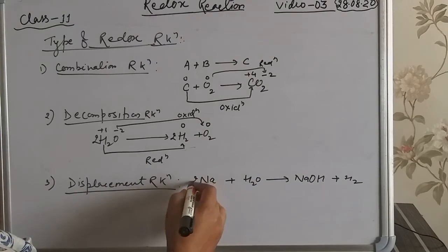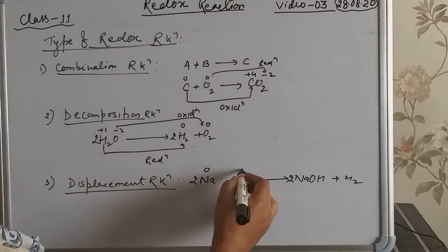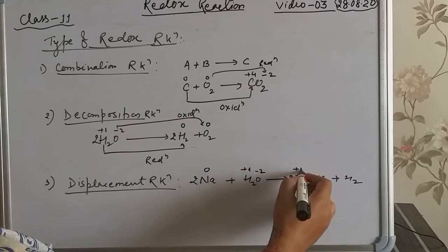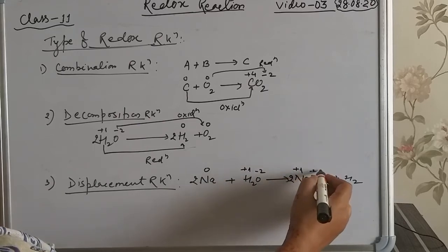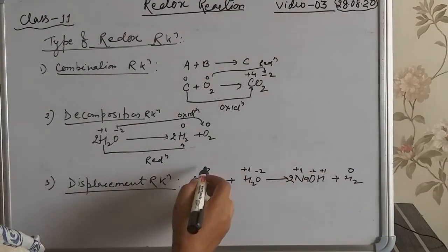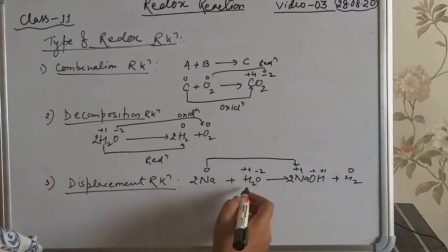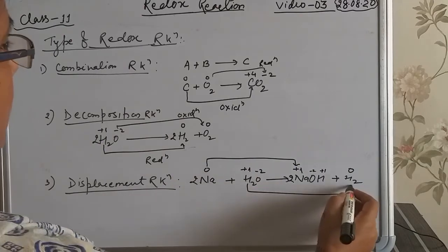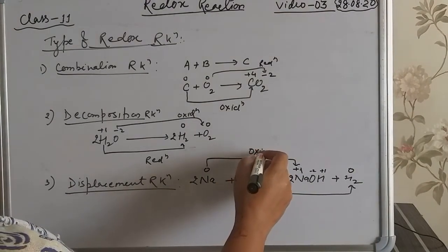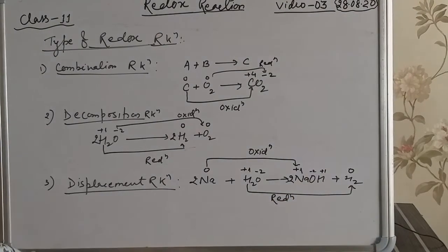Now balance the equation. Sodium is 0 oxidation state, in water +1 and -2. Here sodium is +1, oxygen -2, hydrogen +1, and this is 0. So simply, sodium goes 0 to +1 and hydrogen +1 to 0, so this undergoes oxidation and this undergoes reduction.